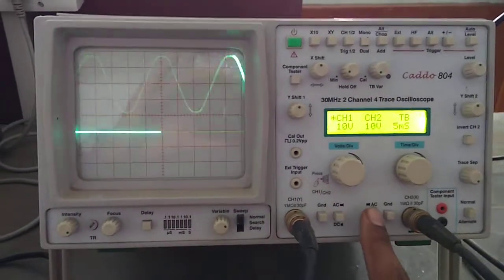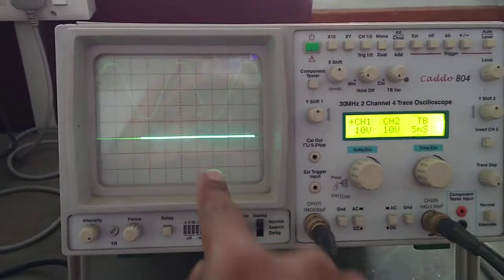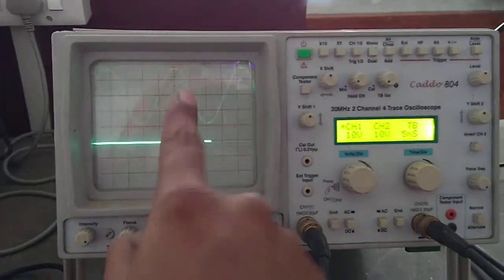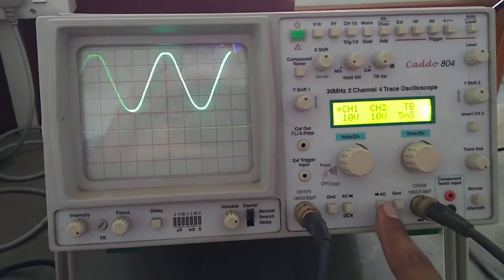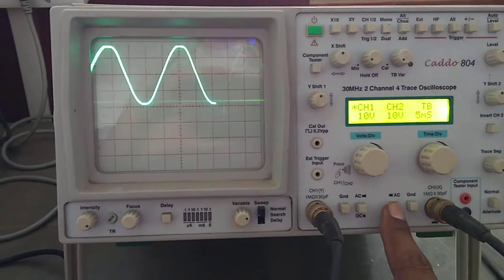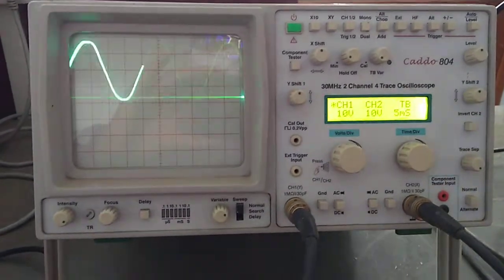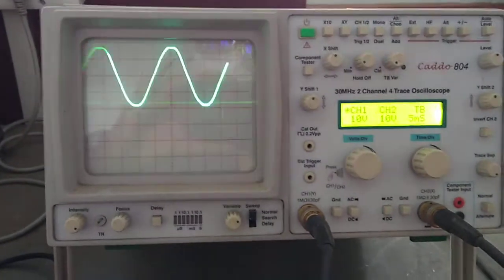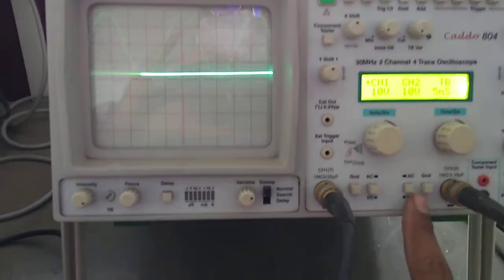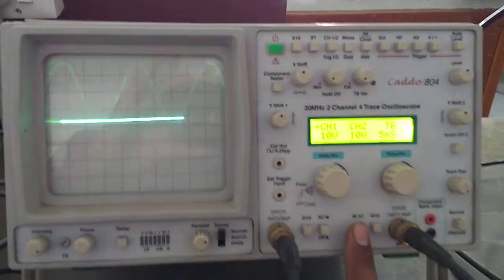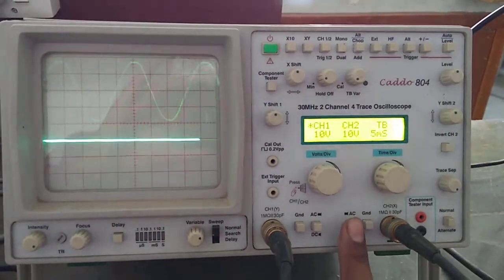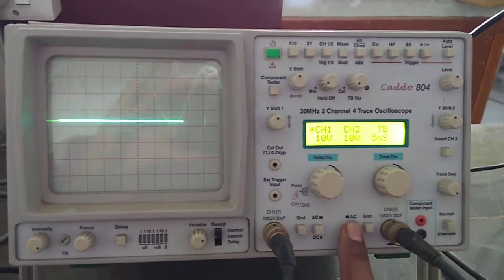I am pressing this button and you just observe this line, it will shift upwards from its reference line. See, this line has shifted its position. I will again unpress it and it will come down. I will press it, means now it is DC voltage.